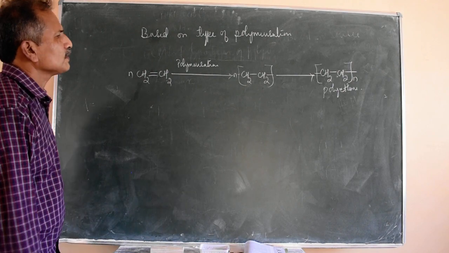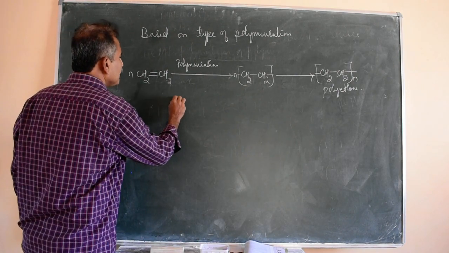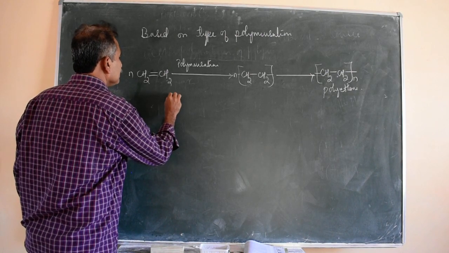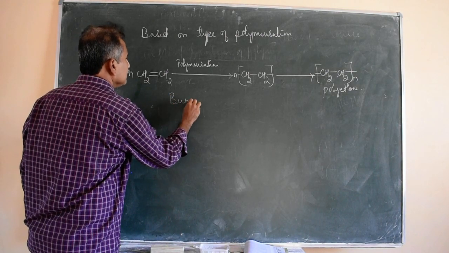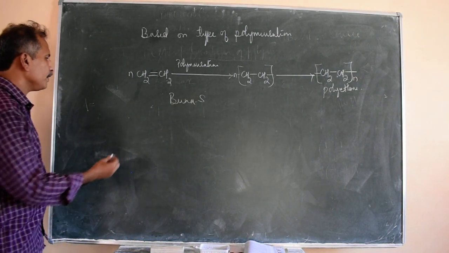Then if you want, you can also take another example. That is butadiene styrene polymer. So what we need? We need butadiene.